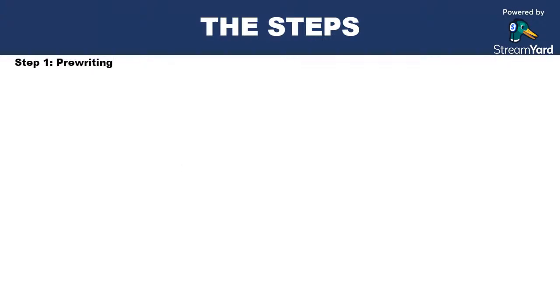Step number one is pre-writing. The prefix pre means before. There are certain things you need to do by way of preparation so that you can write. The first, as part of pre-writing activities, is to choose the topic, then brainstorm to generate the ideas.